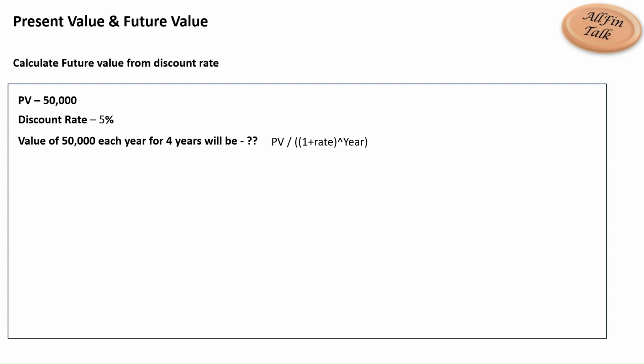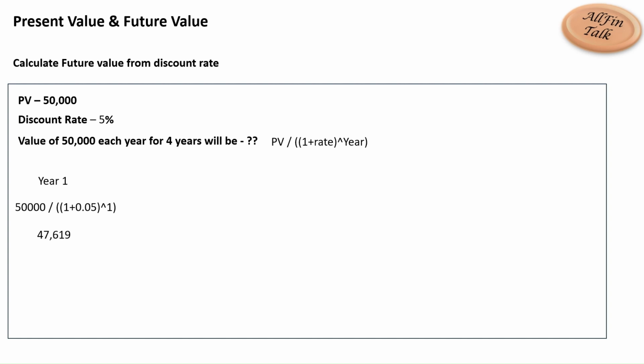So let's calculate the value of 50,000 each year from today for the period of 4 years. So at the end of year 1, using a discount rate of 5% and using the formula where 50,000 is the present value divided by 1 plus rate, which is 5%, to the power 1. 1 is the number of years.